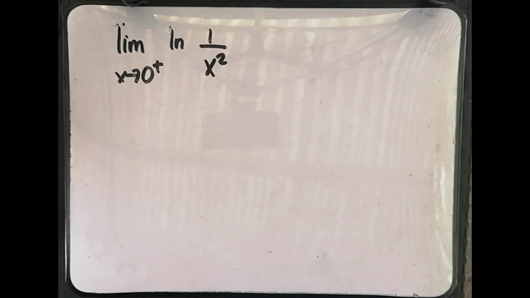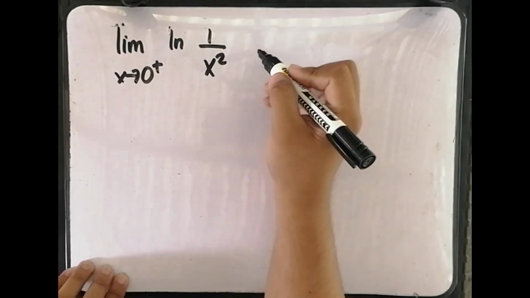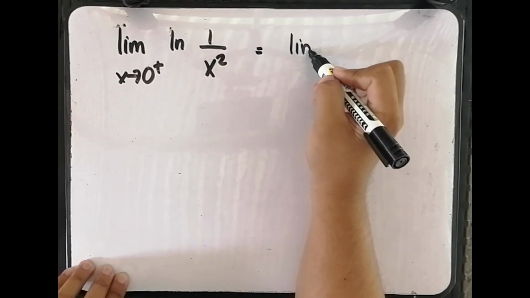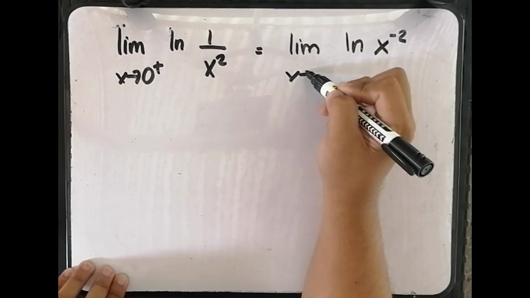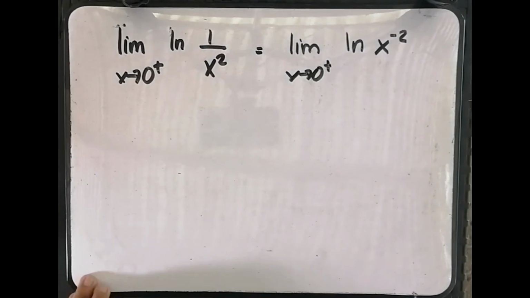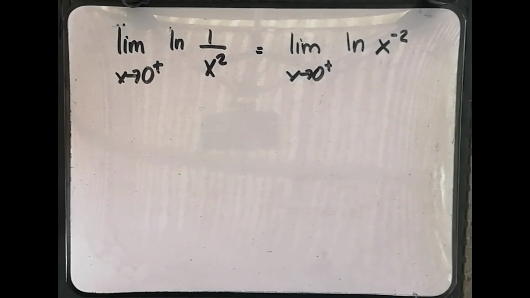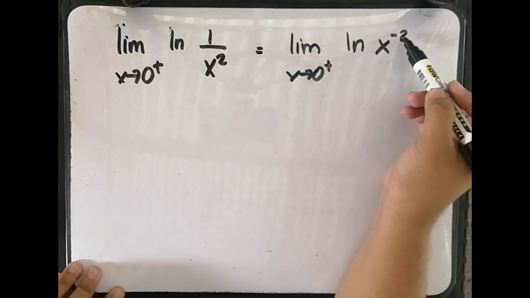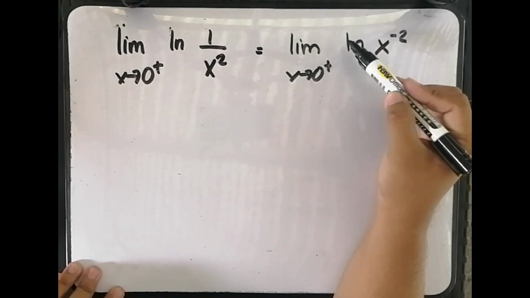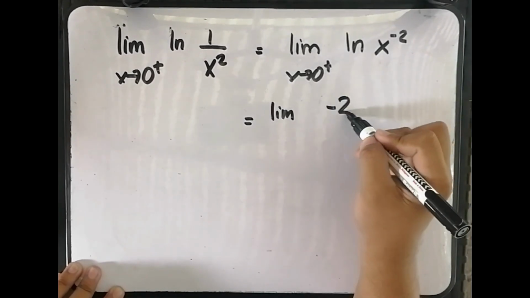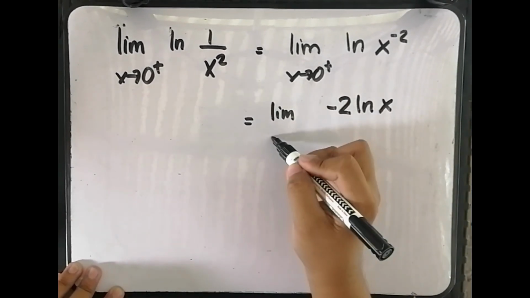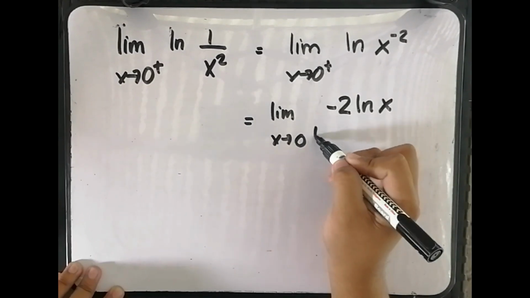How about the limit of ln of 1 over x squared as x approaches 0 from the right? So we can rewrite this as the limit of ln of x raised to negative 2 as x approaches 0 from the right. Tama? Or pwede, by properties of ln, lalagay natin yun as the limit of negative 2 ln x as x approaches 0 from the right.